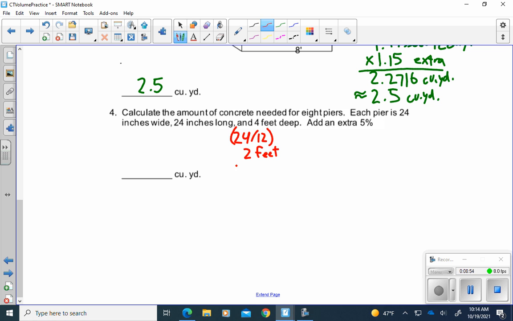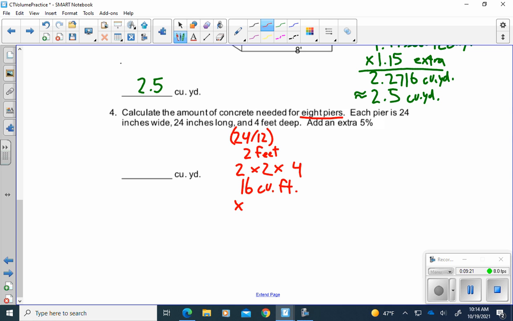So then multiplying length times width times height. Feet times feet times feet. 2 times 2 times 4. Might not even need a calculator. 16 cubic feet. And here we've got an extra step because we don't have just one of these, we have 8 of them.